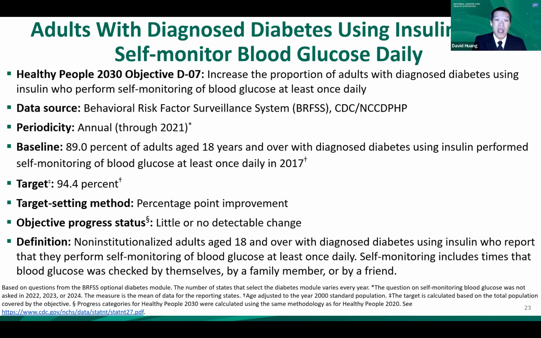At baseline in 2017, 89.0% of adults aged 18 years and over with diagnosed diabetes using insulin performed self-monitoring of blood glucose at least once daily. The national target to be reached by the end of the decade is 94.4%. Next slide.